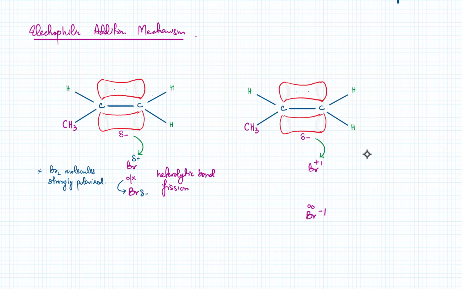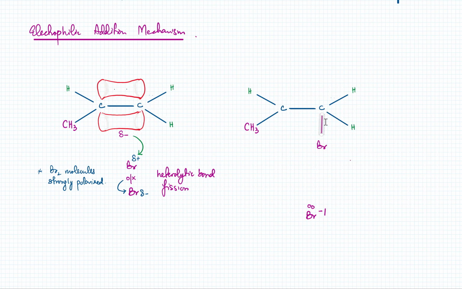The pi bond goes away because all of it is taken up by this positive bromine, and its electrons will be shared with it. The bromine would no longer be positive because it has gotten its electrons back. Is this clear? So that's step number 2.